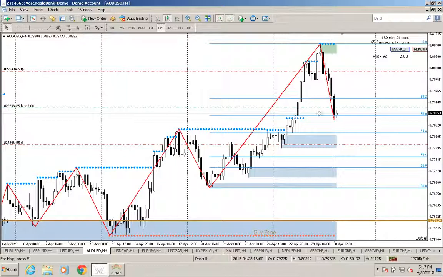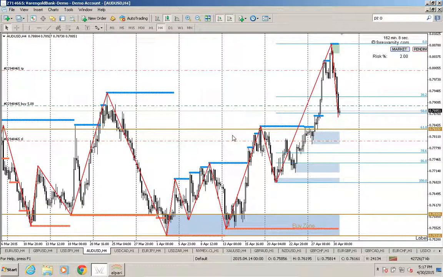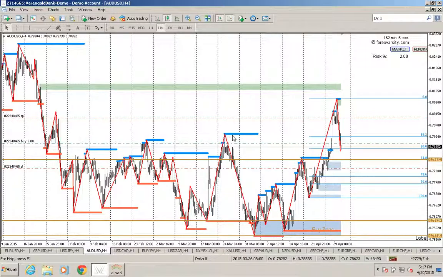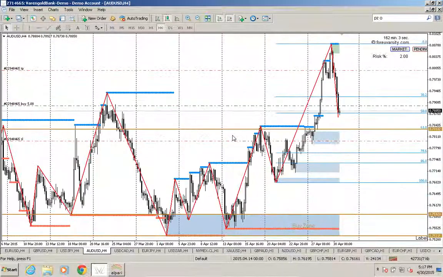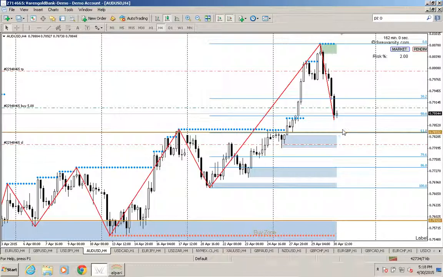And we'll see your 61 Fib ends up being at around 0.7833, and that is almost exactly on previous resistance and previous important levels. So this is a Fibonacci we are going to look at using.